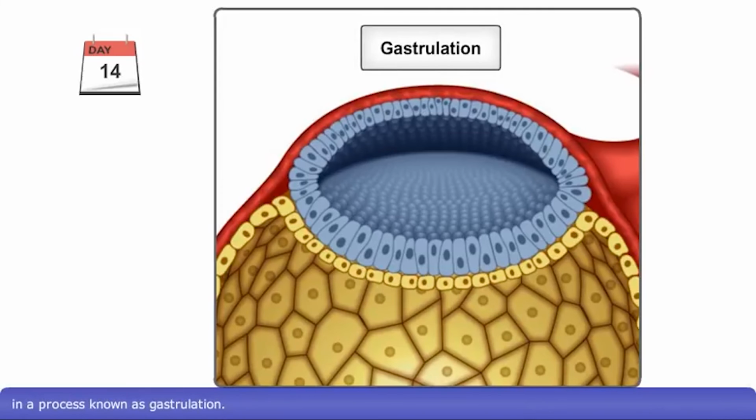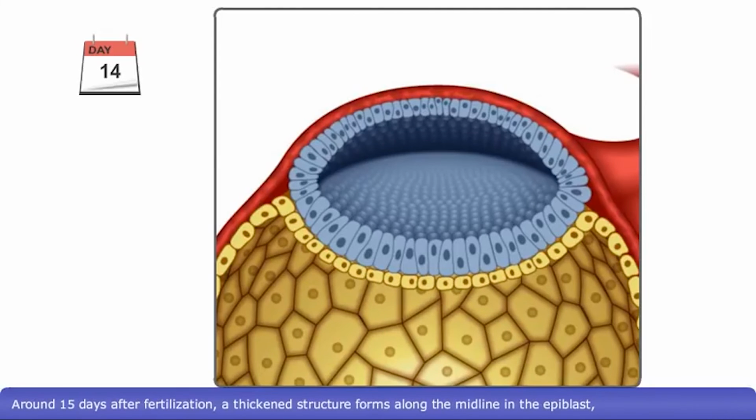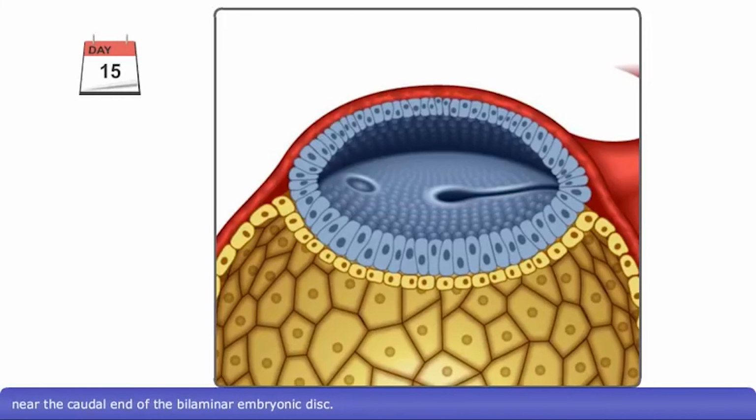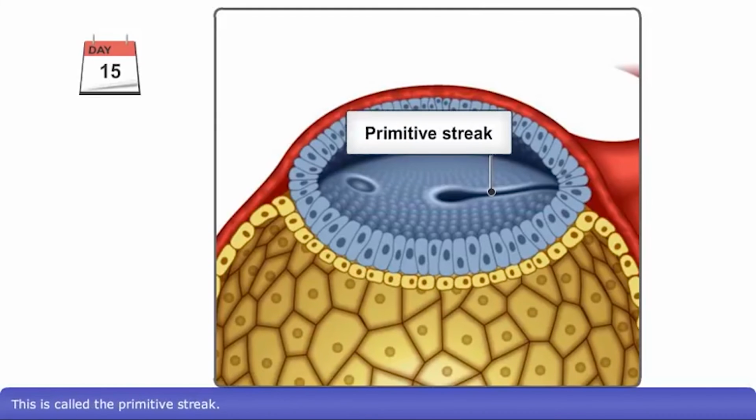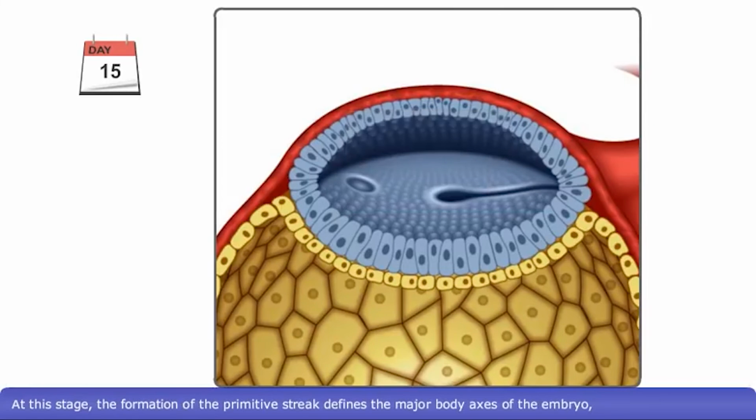Now, the primitive streak forms, the caudal end is marked and the head end is also marked. This primitive streak formation occurs at day 15. At this stage, the formation of this primitive streak defines the cranial end and the caudal end.